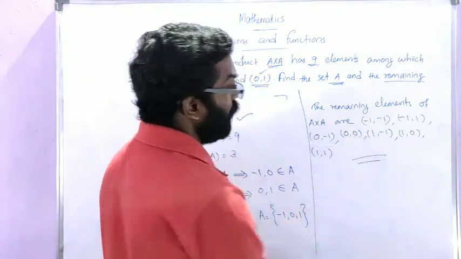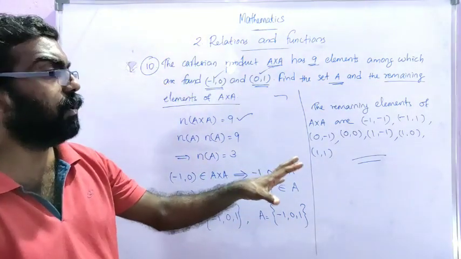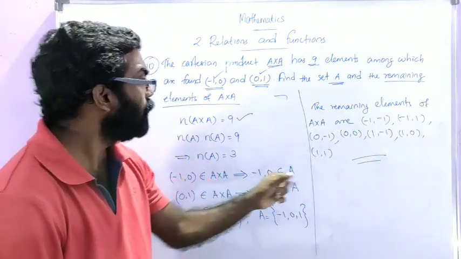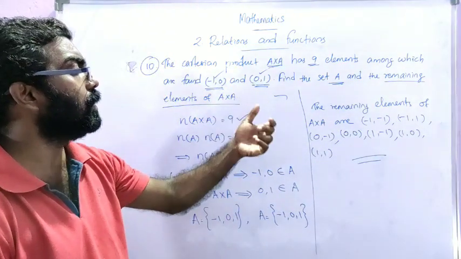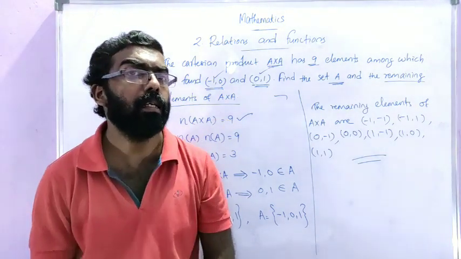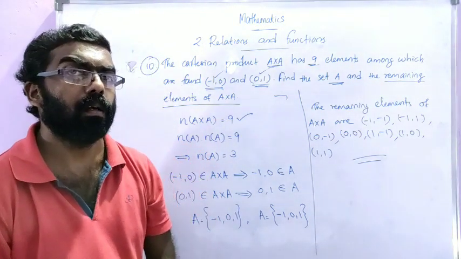Okay, so these are the remaining elements of A cross A. Here we wrote 7 elements, then plus these 2 elements, 7 plus 2, overall 9 elements are there in A cross A. Clear?